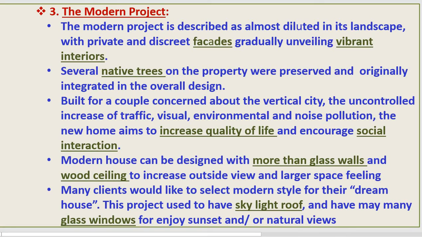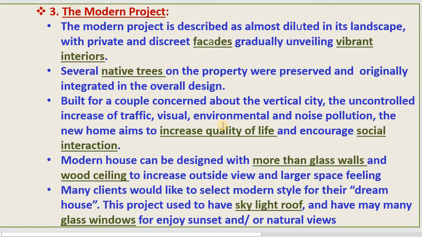We talk a little bit about modern projects. Modern projects focus a lot on the landscape and privacy, or they have a private interior. Several natural trees or property features were preserved and integrated in the overall design. So that's why they focus a lot on the landscape. So that's why the design is more outside than inside.